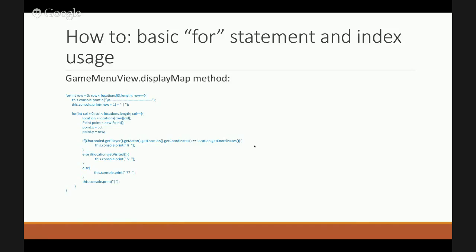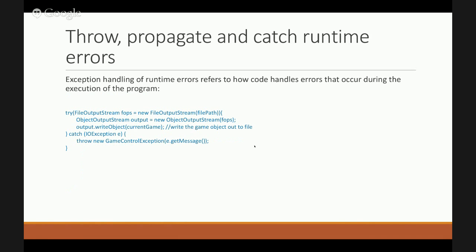If it has nothing, so the position hasn't been visited yet, it's going to print those two question marks. And it continues through the loop until the whole array has been navigated through, and it prints the map. And that's it for statements.